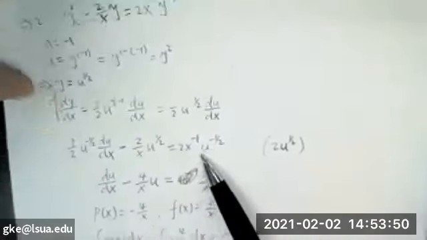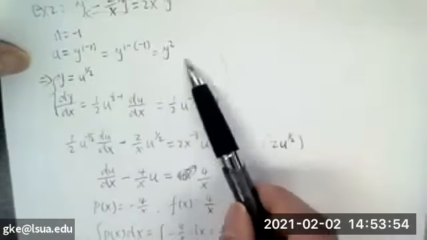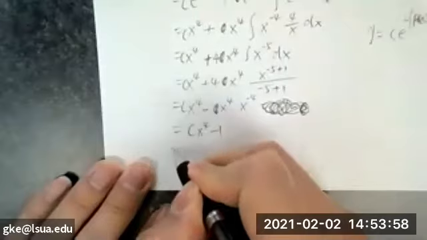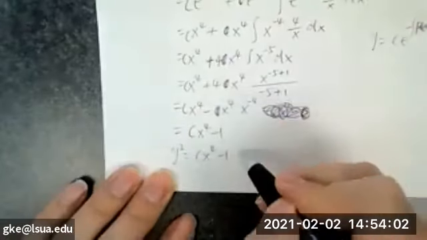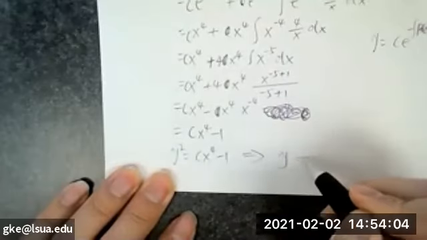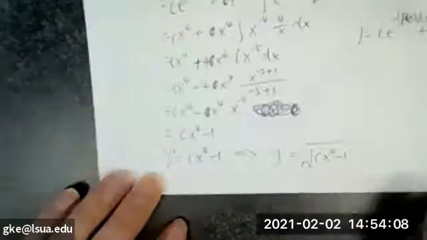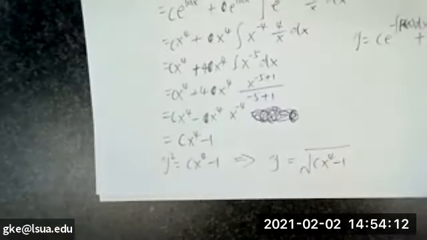U equals y squared. Y squared equals cx to the power 4 minus 1. And then we're gonna get square roots. You understand? Okay. So that's the solution.